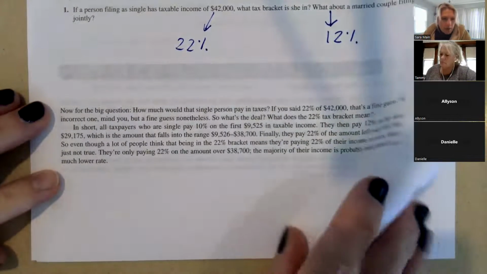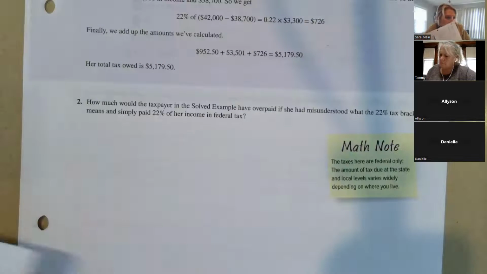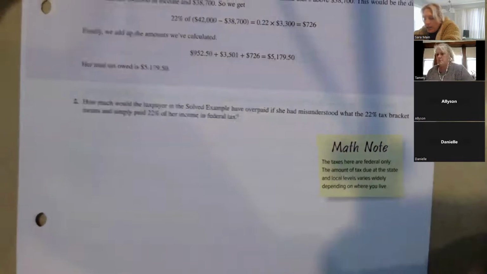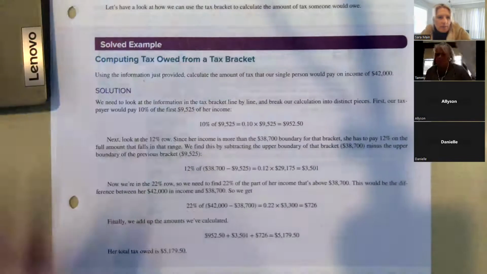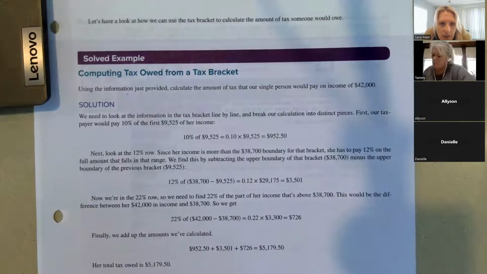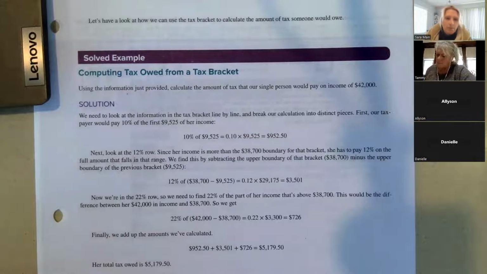Okay. So let's flip the page. They do a really nice layout on page 347. It says, using the information just provided, calculate the amount of tax that our single person would pay on income of $42,000.